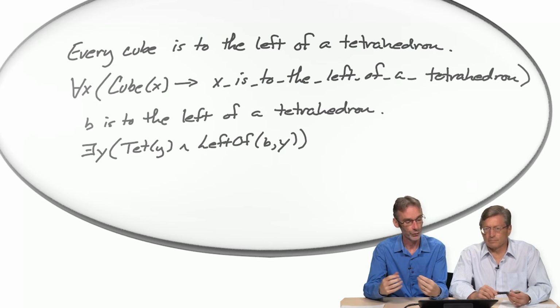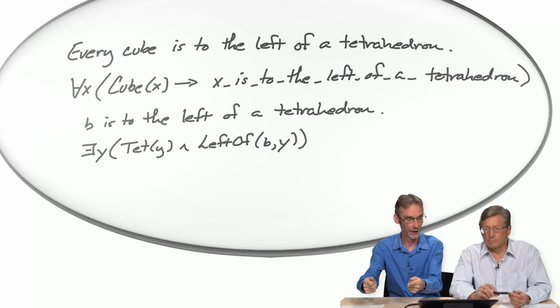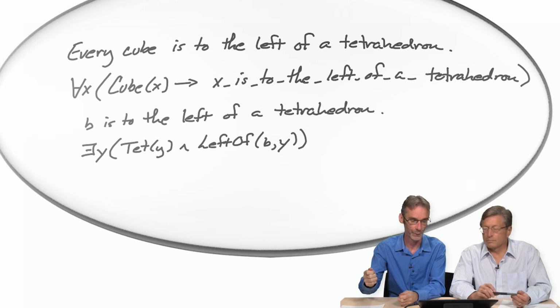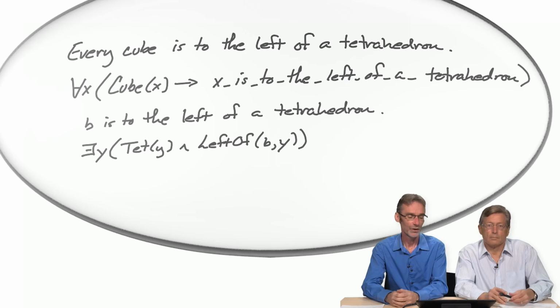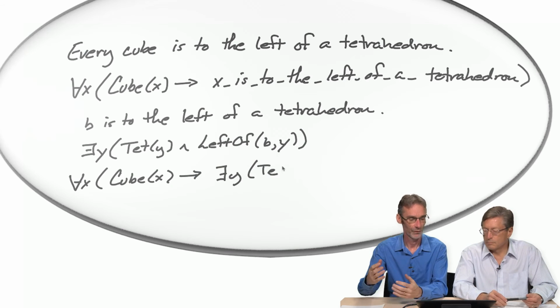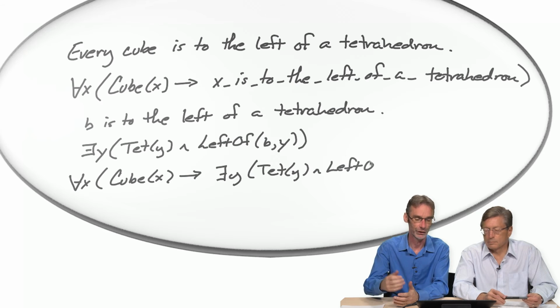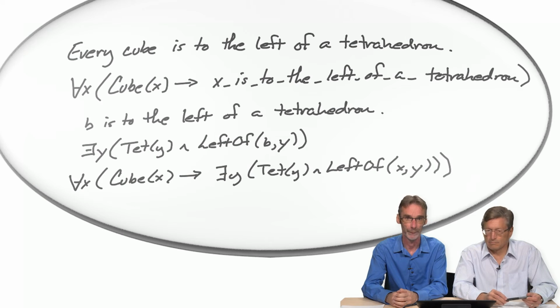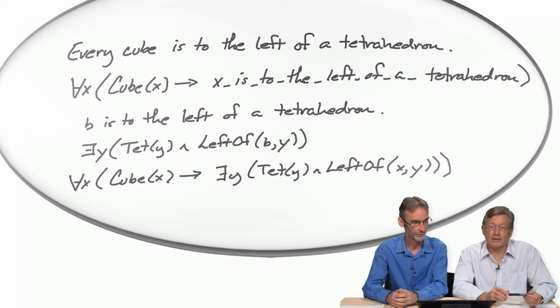We want to use the expression b is to the left of a tetrahedron and replace the placeholder x is to the left of a tetrahedron with that expression, but we have to remember to replace the b in the b is to the left of a tetrahedron with the x from the larger sentence. So we obtain the sentence, for all x, cube of x implies there exists a y such that y is a tetrahedron and x is to the left of y. And that's how we translate every cube is to the left of a tetrahedron.